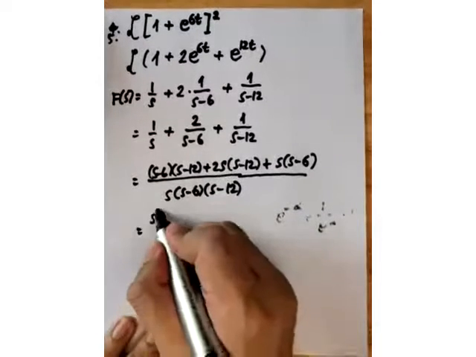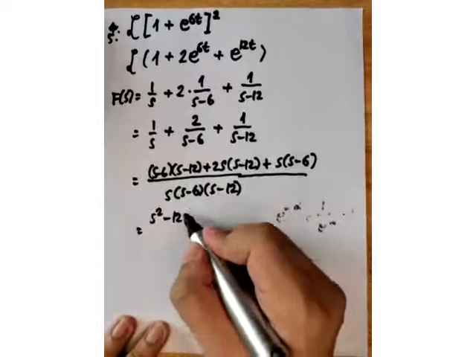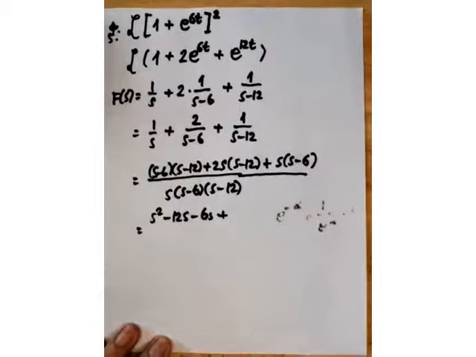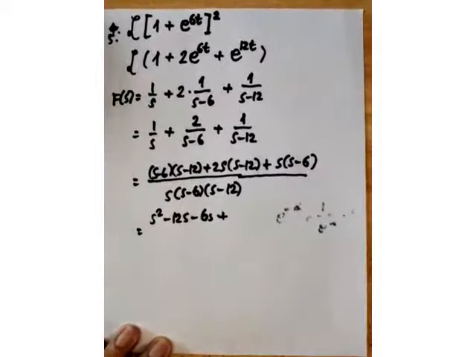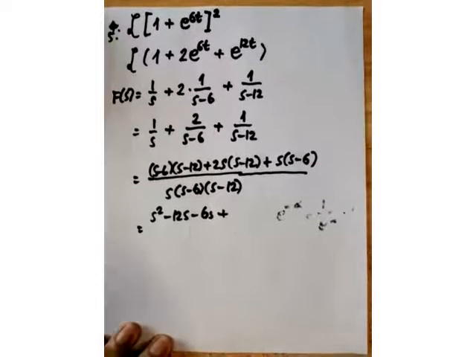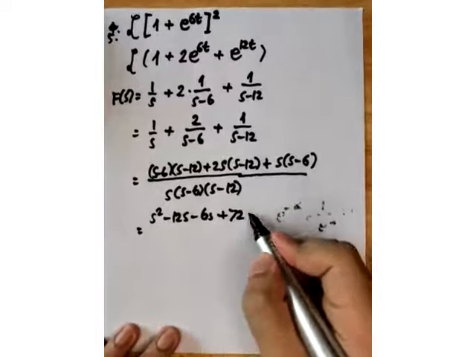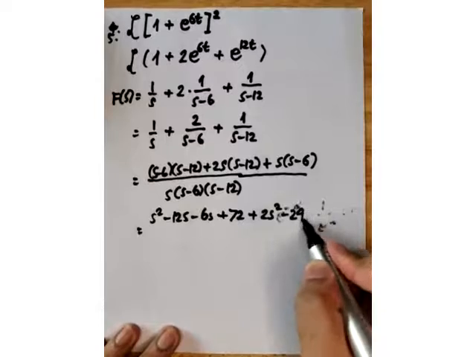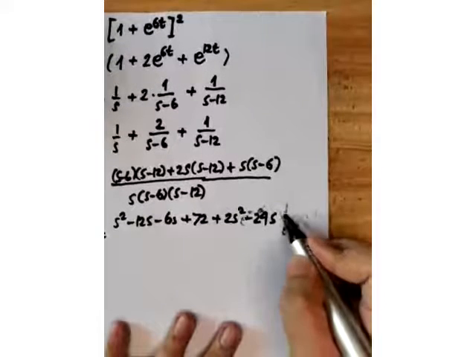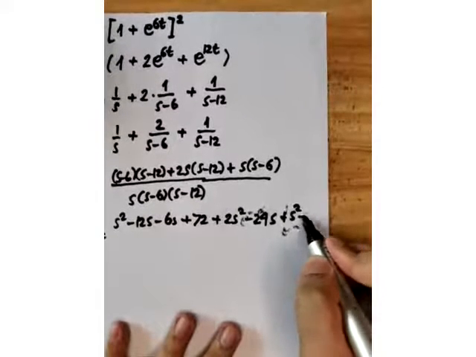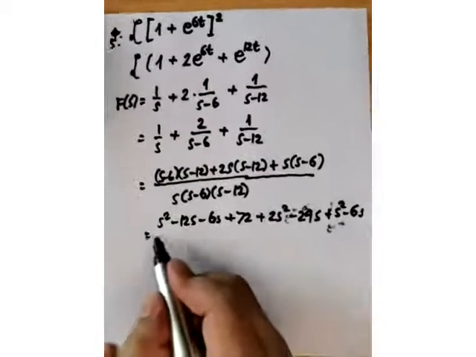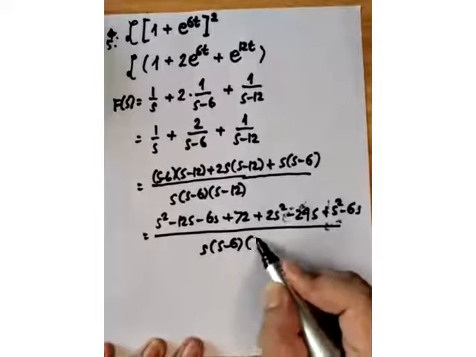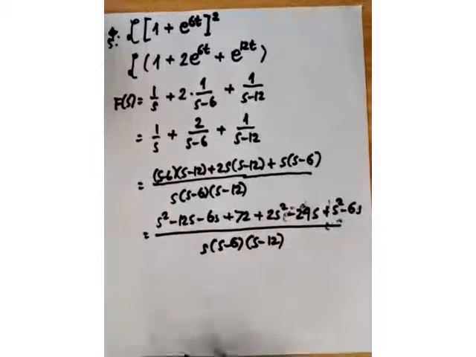So that's s squared minus 12s minus 6s plus what's 12 times 6? 72. 72 plus 2s squared minus 24s plus s squared minus 6s. Okay, all over s times s minus 6, s minus 12.